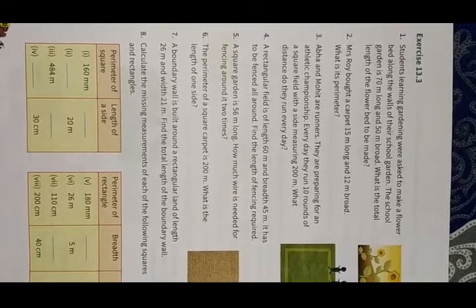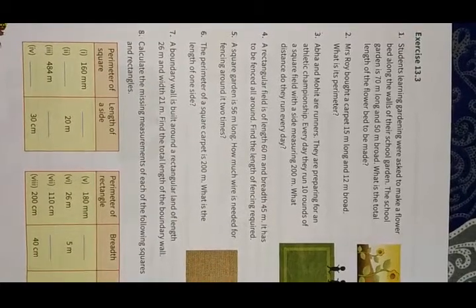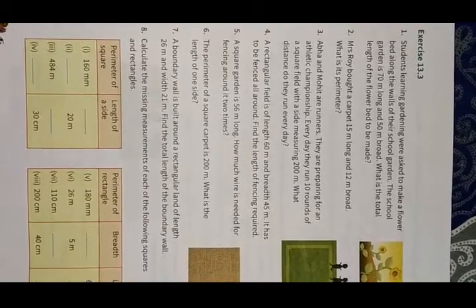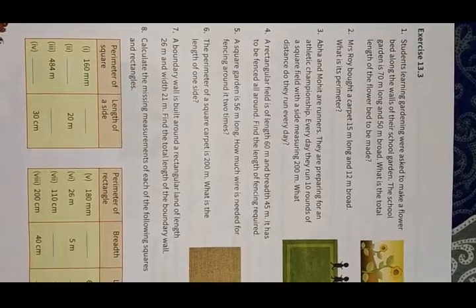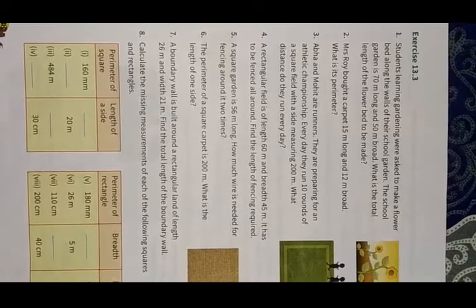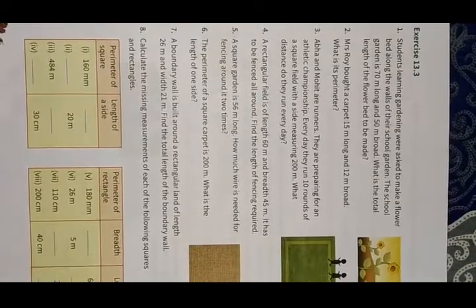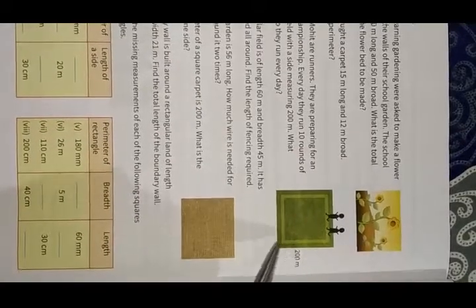Abha and Mohit are preparing for the athletic championship. Every day they have to run 10 rounds of a square field whose side is 200 meter. What distance do they run every day? We have to find the distance they run every day. This is a square field.